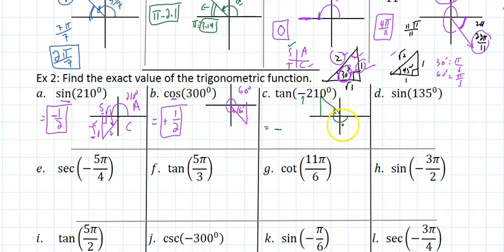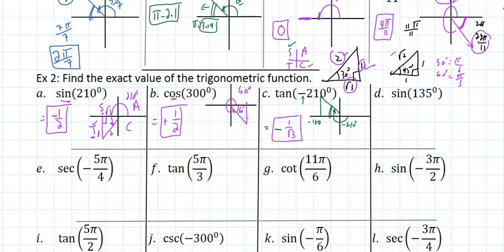If this is negative 210 degrees, this is negative 180. Isn't that 30 degrees? Here's my triangle. 30 degrees. I got all the values that I need. For 30 degrees, tangent is the opposite over the adjacent. You could rationalize, you could leave it like that, I don't mind.